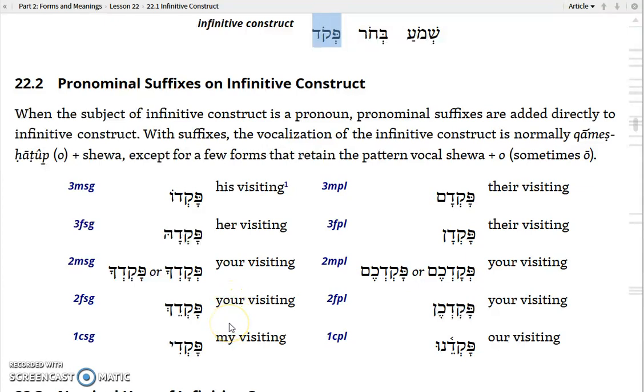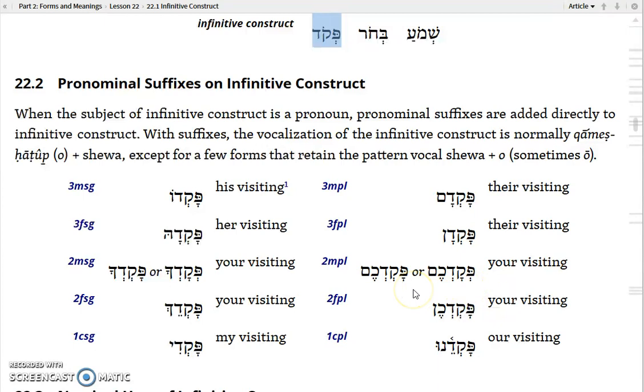And then your feminine singular would be pokdek. My visiting would be pokdi. Their visiting would be pokdam. That'd be there if it's a masculine plural there. If it's them women, then it'd be pokdan. And then you masculine plural, you're visiting.